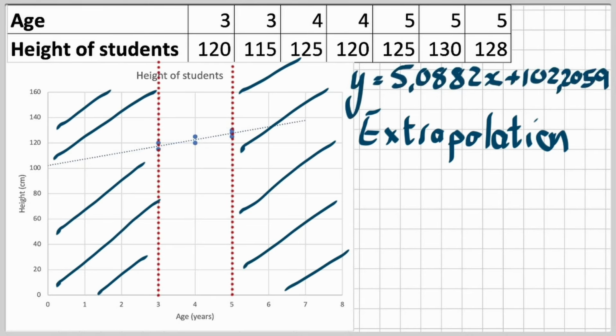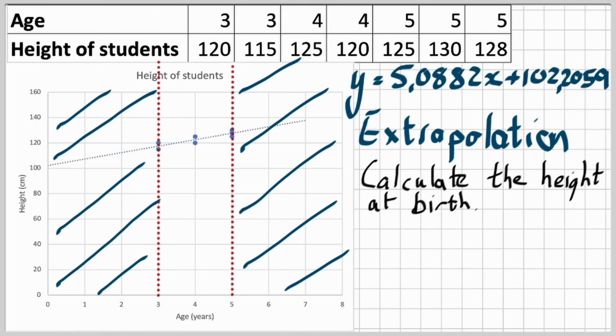In other words, if I ask you any question about someone being less than 3 years old or more than 5 years old, that's dangerous territory because remember, the experiment only ran between 3 and 5 years old, not outside. Extrapolation is a dangerous game because your statistics does not actually allow you to do it.